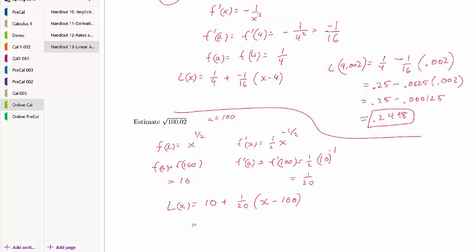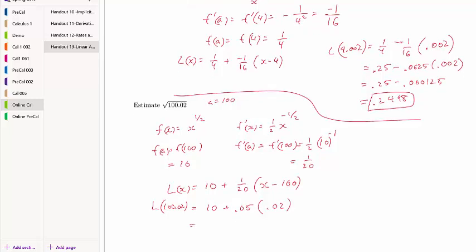Alright, so let's go through this one. We got a 10 here, plus 1 over 20. 1 over 20 is the same as 0.05. And then x minus 100, with x being 100.02, is going to be 0.02 right there.